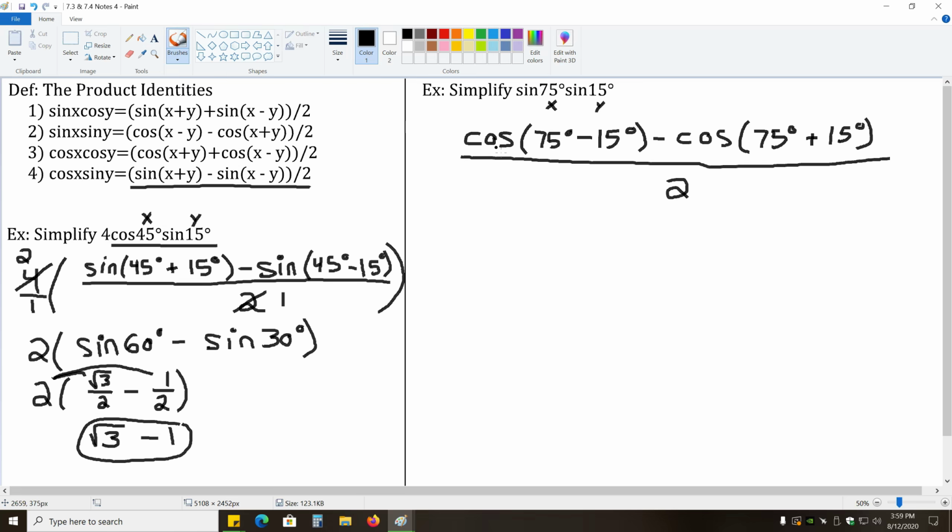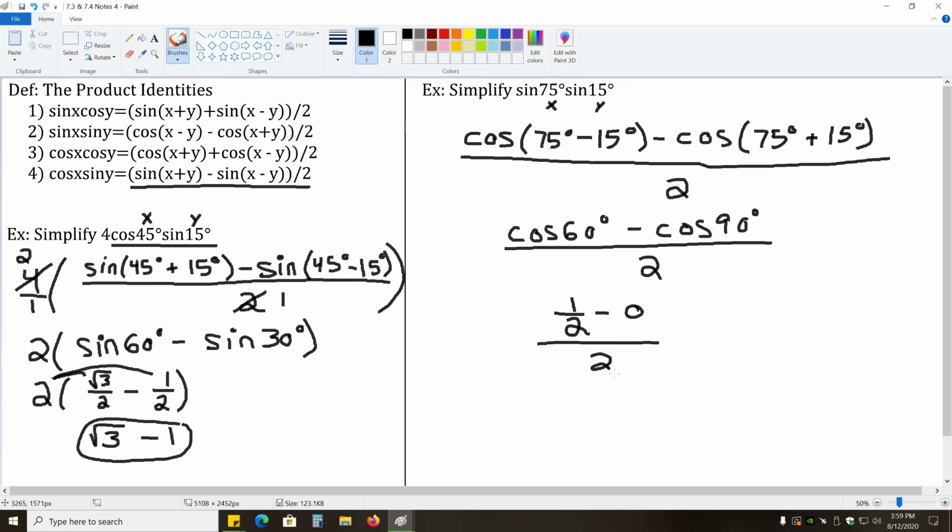So simplifying this, cosine of 75 minus 15 gives us cosine of 60 degrees, minus cosine of 75 plus 15 gives us 90 degrees, all over 2. Cosine of 60 is 1/2, minus cosine of 90 is 0. That's all over 2. So that gives us 1/2 divided by 2.